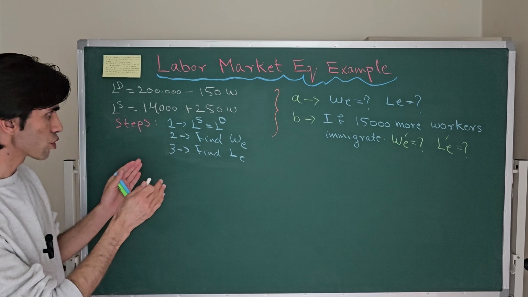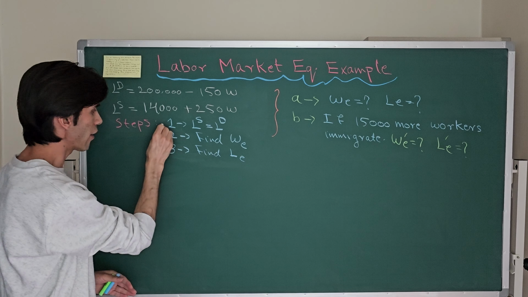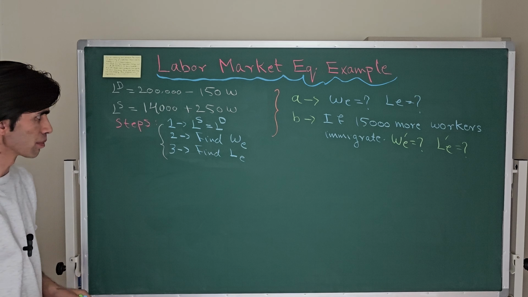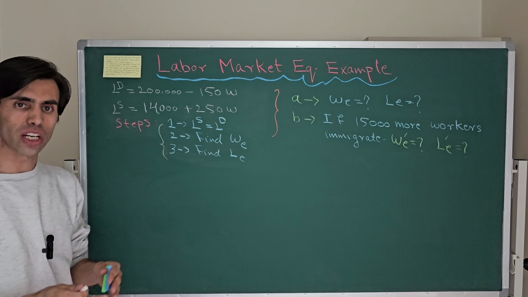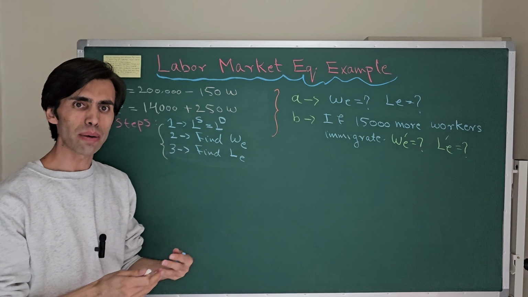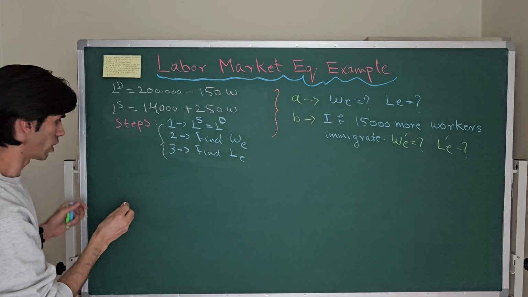So, in order to solve these questions for A, we have to take these three steps. First, according to the definition, labor market equilibrium is the condition that labor supply equals labor demand. So we have to say labor supply equals labor demand.